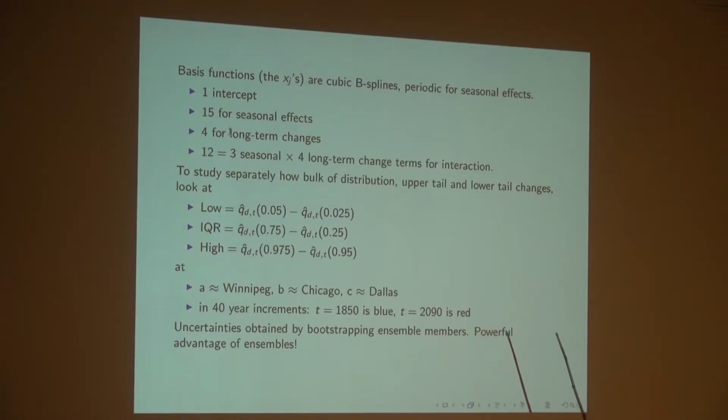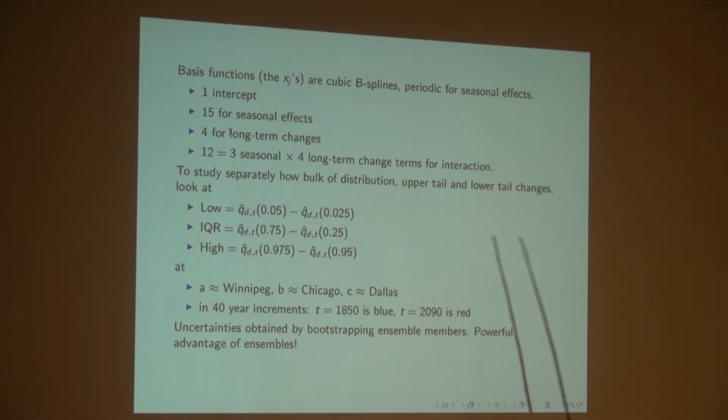All right, so I have to pick these basis functions, and we just picked some basis sets we thought reasonable for doing this. So seasonality is obviously an important effect, and so we include a lot of seasonal terms. We include a smaller number of terms for long-term changes, because the long-term changes, while they're not linear, don't show that much complexity.